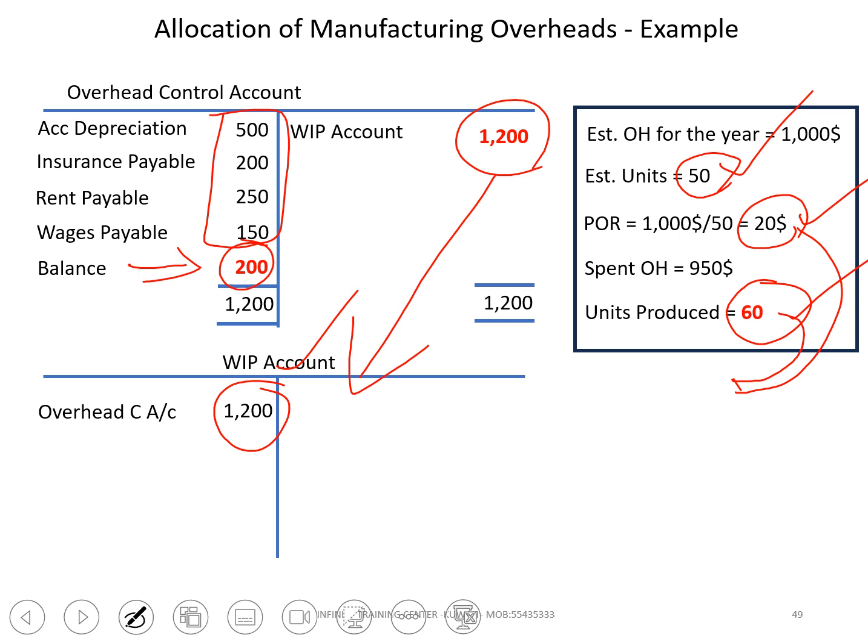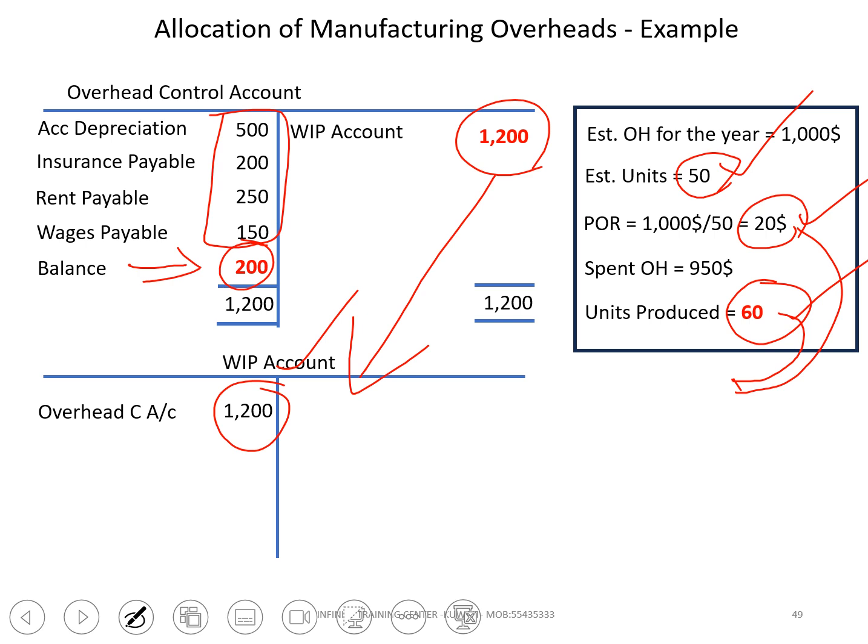So now you understood there is a chance of over application and under application of overheads based on two things. What are the things? The cost difference between estimate and actual, and the difference in the quantity of the allocation base between estimated and actual. So both of these will create a difference.